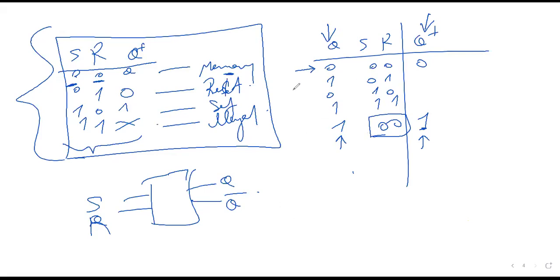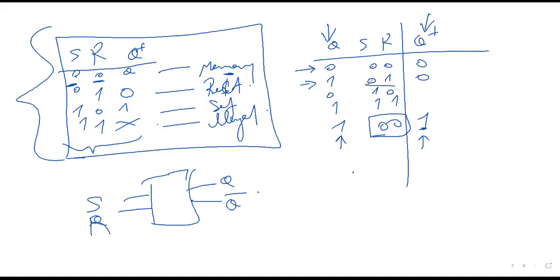What is the next state for this row? Row number 2. It's 0. Why?